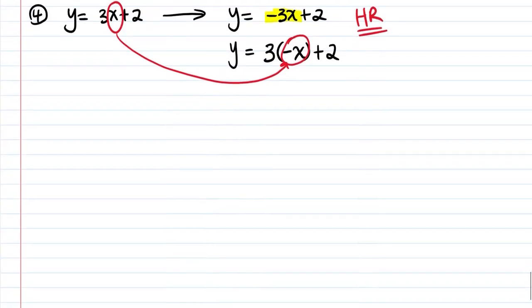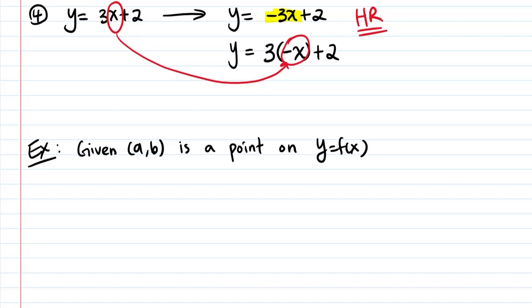Okay, one more problem. Given that a, b is a point on y is equal to f of x, we're going to find the coordinates for the corresponding transformations.